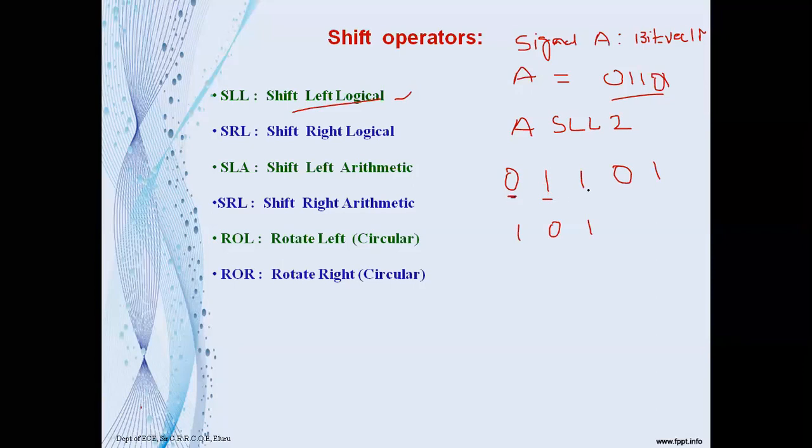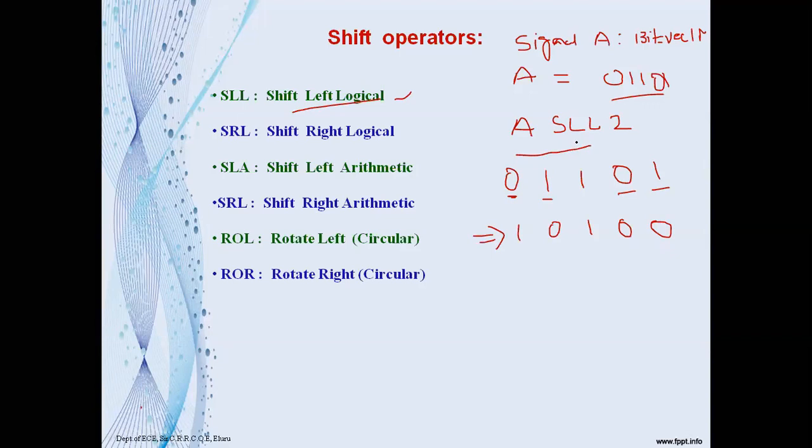When you have done the shift left logical operation 2 times, 2 bits are vacated. These bits are represented with 0. Therefore the resultant value is 1, 0, 1, 0, 0. Right?